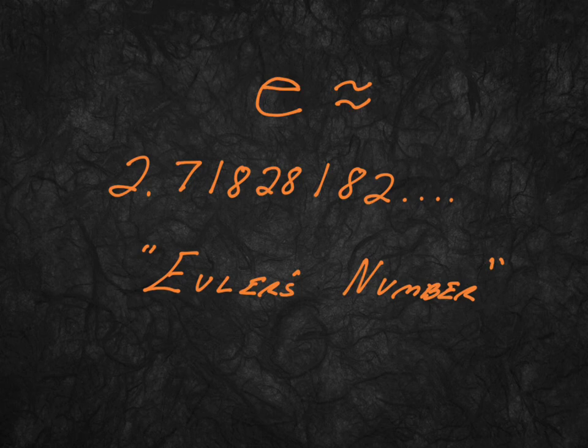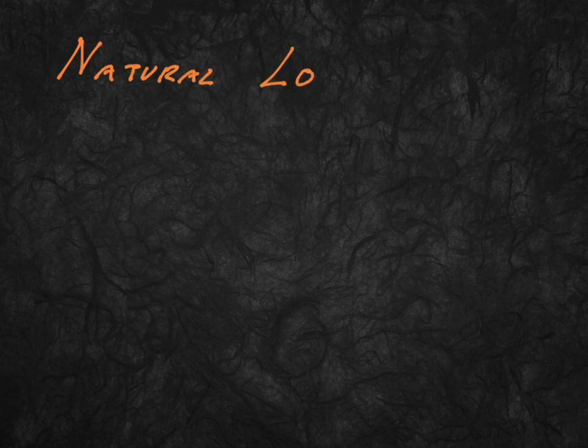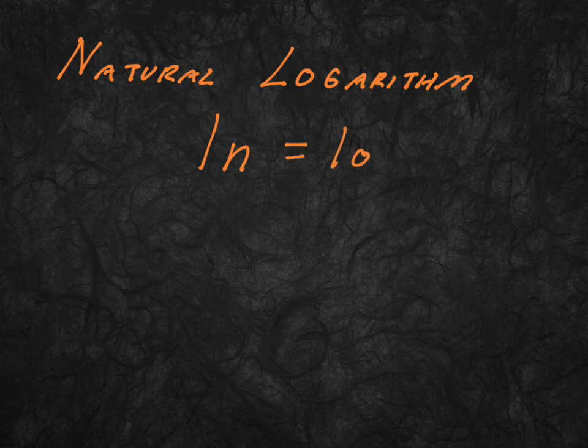In fact, we can treat e as a number that's used in logarithms called the natural logarithm. And the natural logarithm is denoted by ln. Now, ln is the same as a log with a base of e.